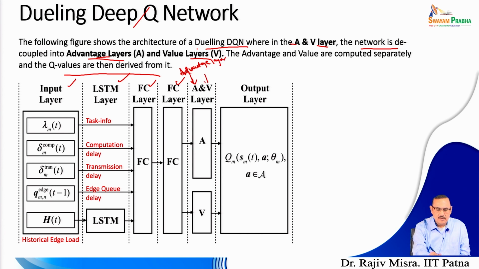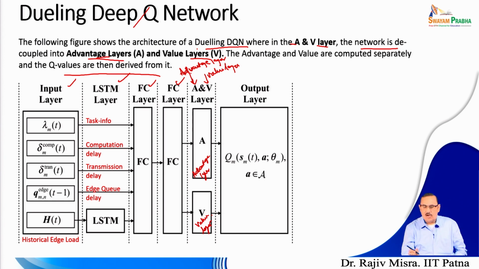A means the advantage layer and B means the value layer. Advantage and value are computed separately and the Q values are then derived from them.